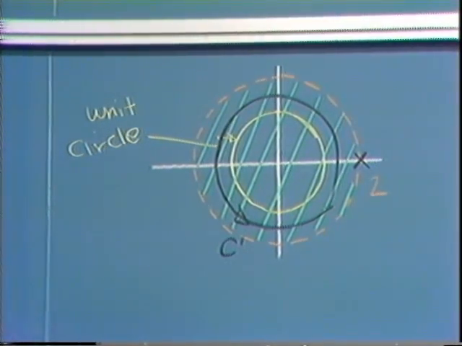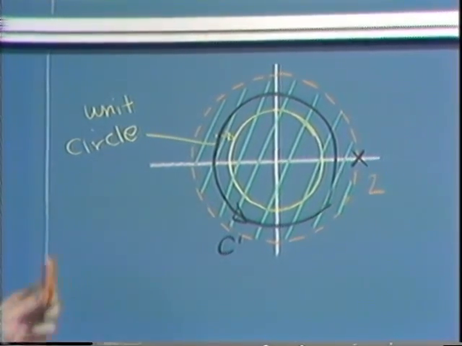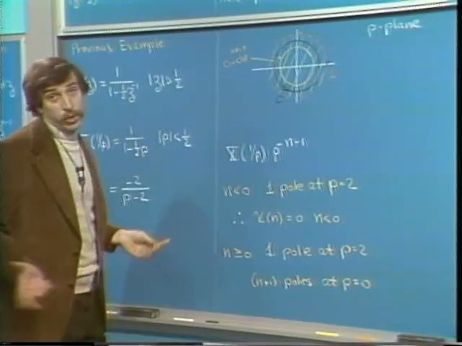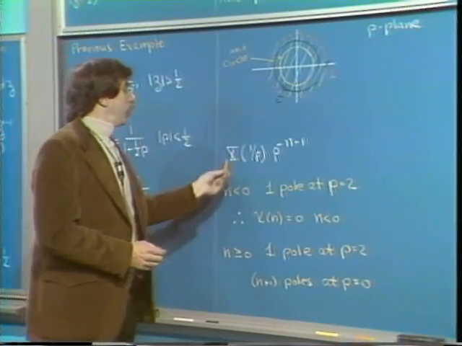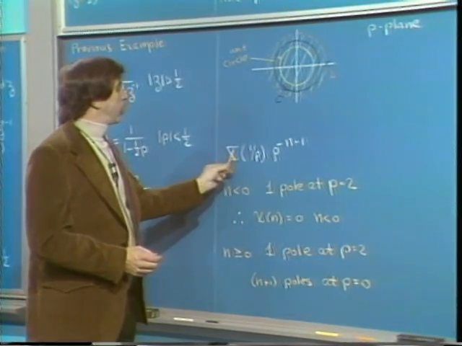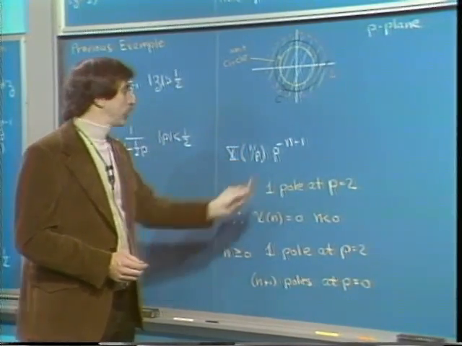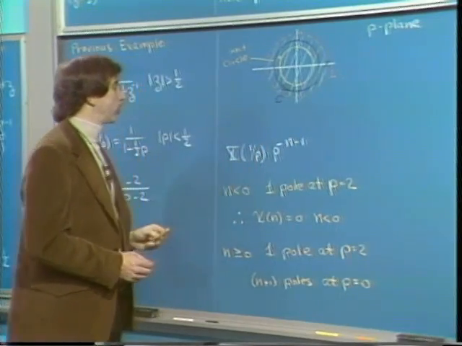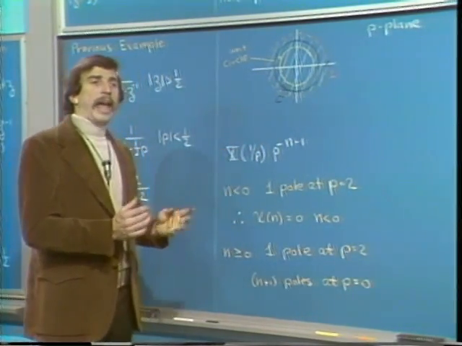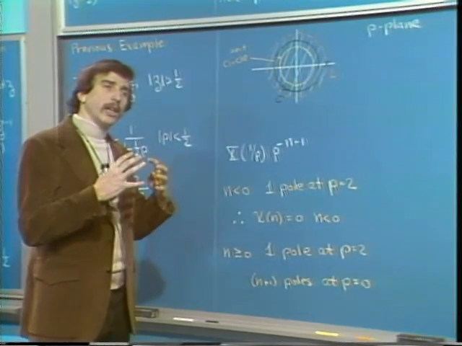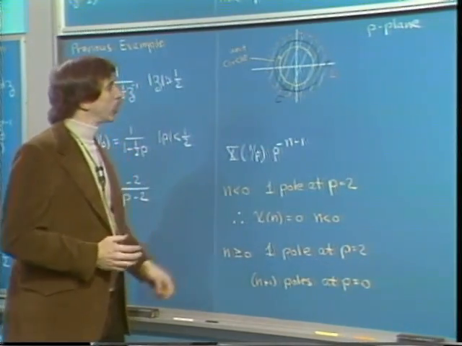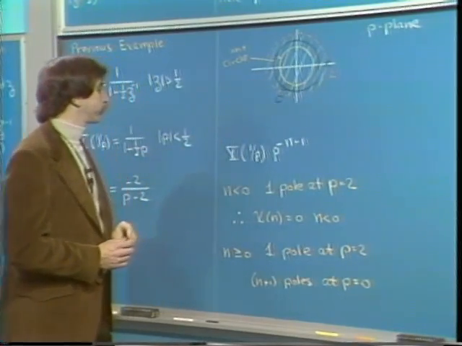All right? We want finally to evaluate the inverse z transform, or the inverse p transform, by looking at the residues of x of 1 over p times p to the minus n minus 1, the residues of that at its poles that are inside the contour of integration c prime.